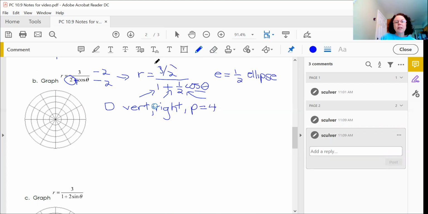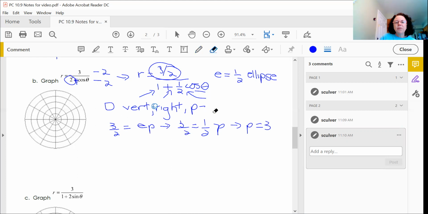Okay, so let's take a look. Our numerator is 3 halves. And we know the numerator of the formula is E times P. 3 halves equals, and we found E is 1/2, times P. So if you see then that P must be equal to 3 for this to be true, right?